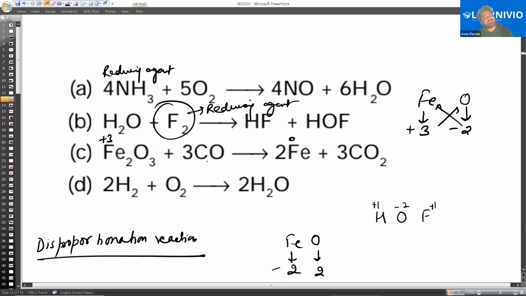What is the oxidation state of carbon here? Plus 2. And here, since it is CO2, plus 4. क्यों? CO2 है ना, because one oxide is -2, right?